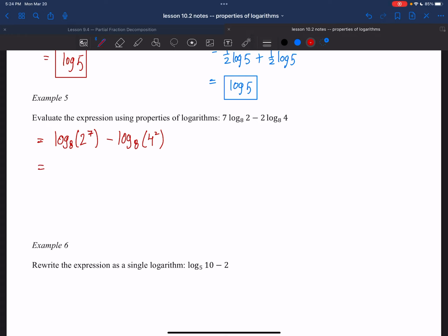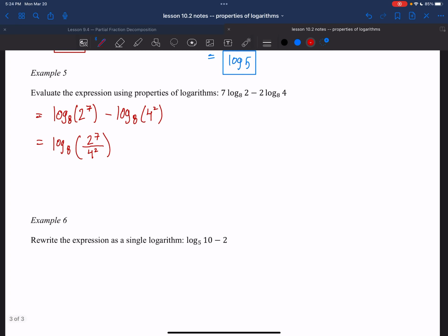Okay. And so now if I put these two together, I say, okay, this is log base 8 of, quotient rule. Put them into a single logarithm because it's minus, right? So you can make it 2 to the power of 7 over 4 squared. And now we just need to evaluate what that is.